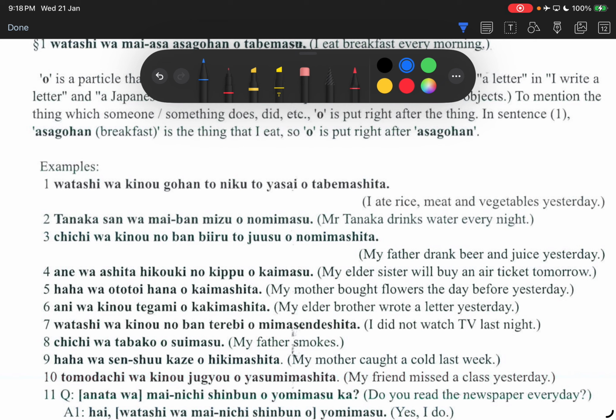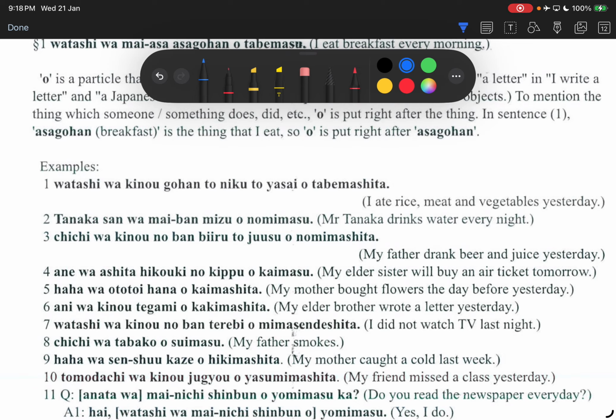So it's not really the accompaniment here. We are not being accompanied by a meal or meat or vegetable. It is our N. Right? To is our N. So gohan to niku, so rice and meat and vegetable o tabemashita. Right? So I interacted by eating them.